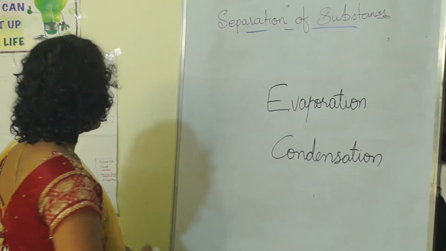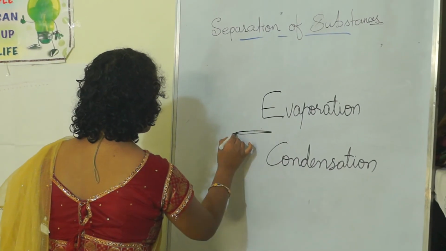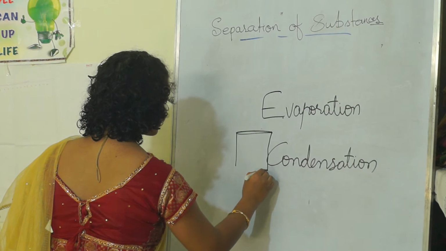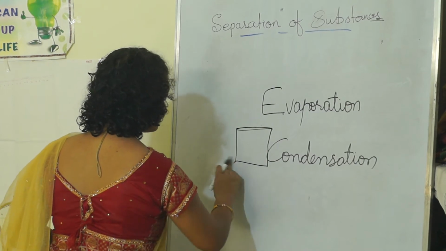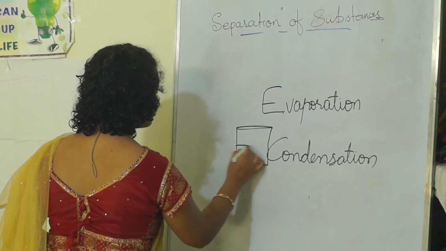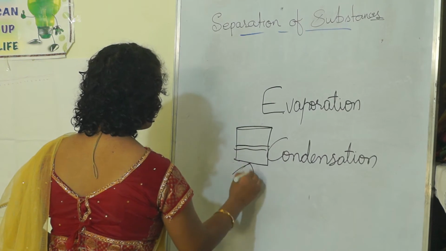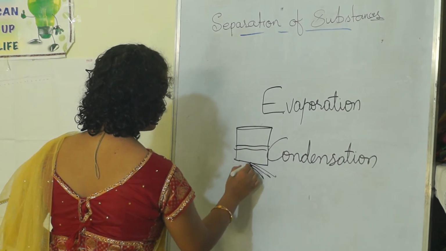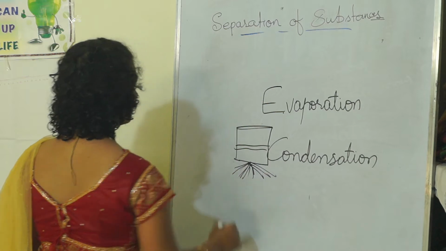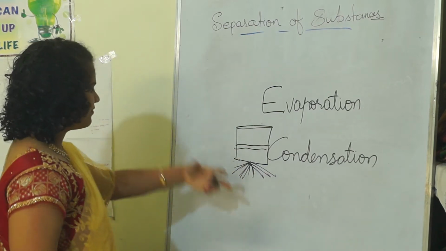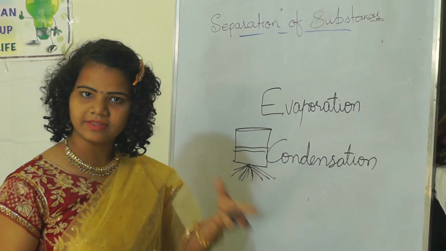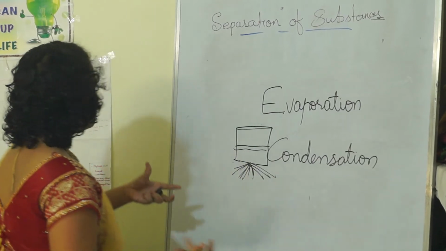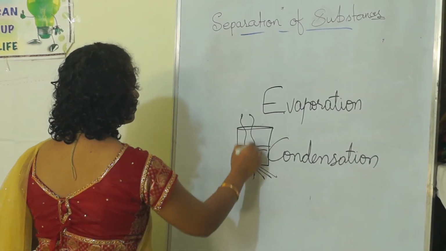The best example: here I have a bowl. Pour some water in this bowl and put a fire under it. When the water is heated, you can see a few water vapors.